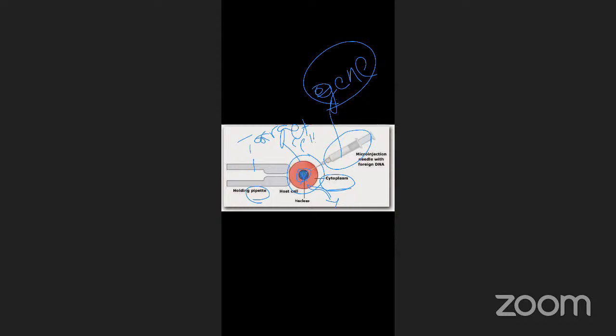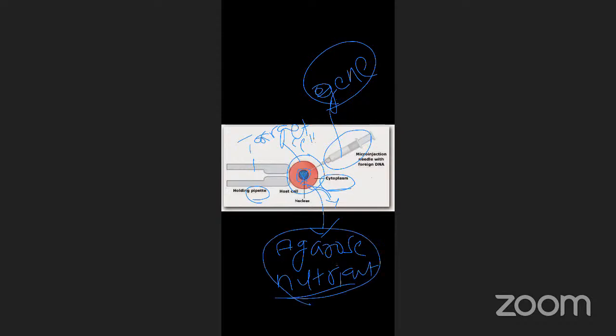After that, the target gene is mixed with the desired gene after injection. Next, these rDNA containing cells are transferred to the agarose nutrient medium. Now follow the protoplast culture method.